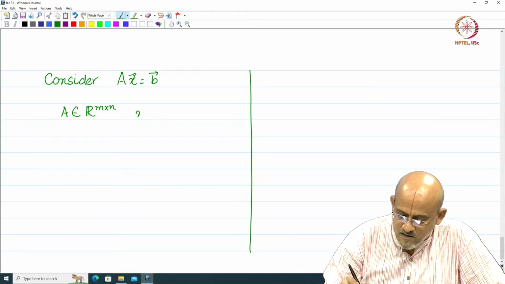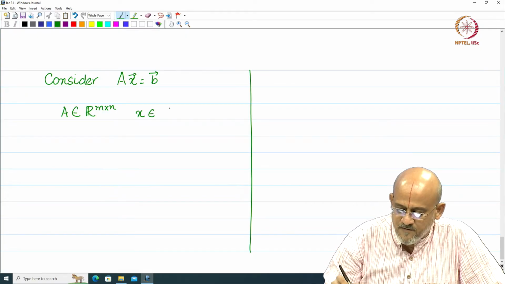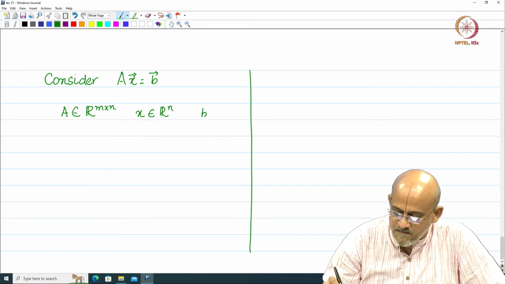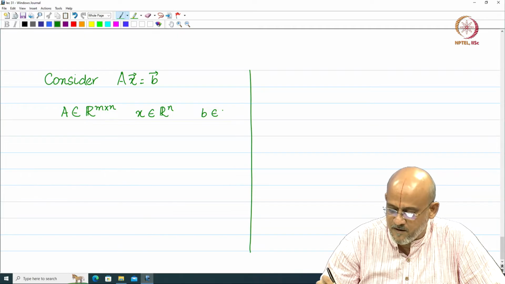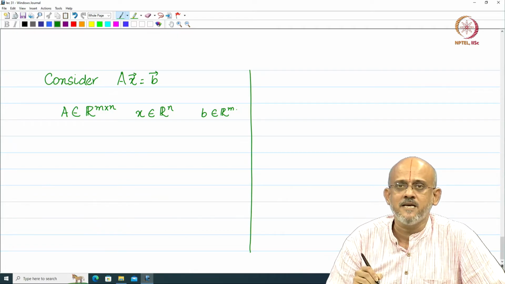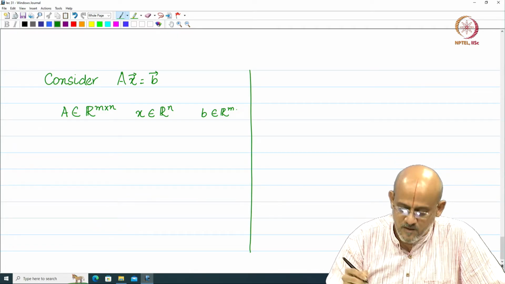So, this A is going to transform an n component vector to give a B vector, which is an m component vector in Rm. Now, when I say Ax equal to B, what does it actually mean? Let us look at that.